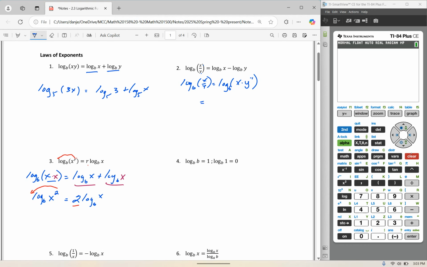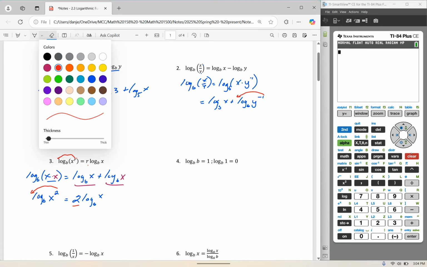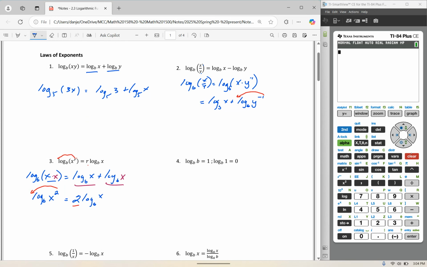So if I use my rule number 1, that's log base b of x plus the log base b of y to the negative 1. But now if I use rule number 3, that exponent of negative 1 can come down in front, and I have the log base b of x minus the log base b of y. So that's a division rule for exponents.